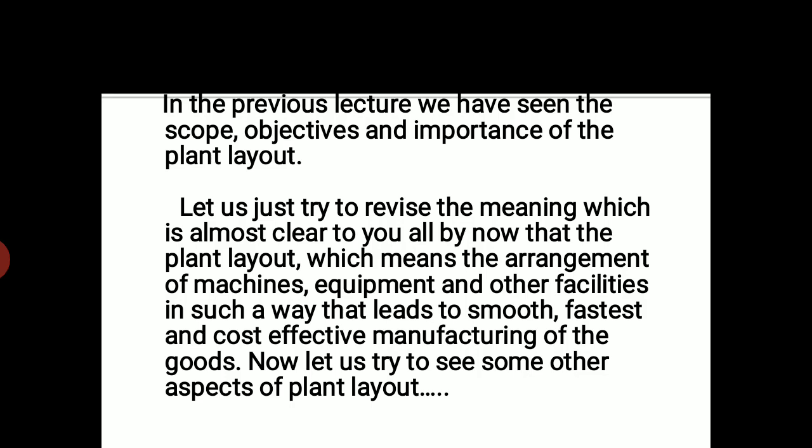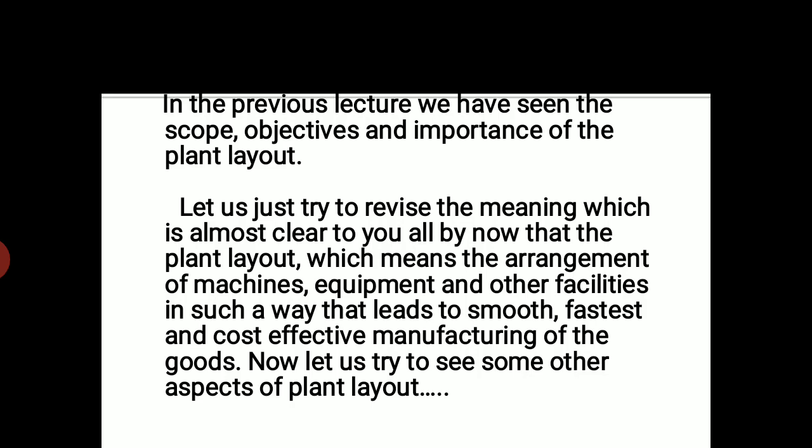Once he decides this, the third important area is the plant layout. That means it decides how he wants to carry out the manufacturing.